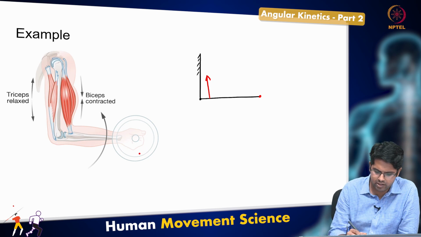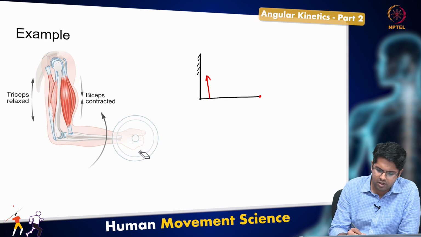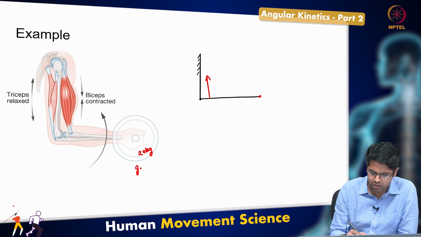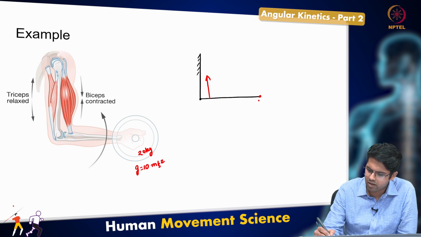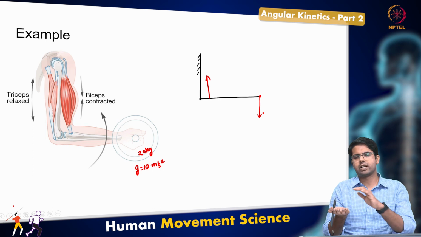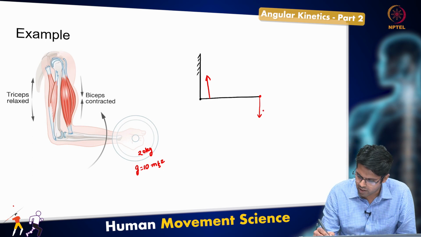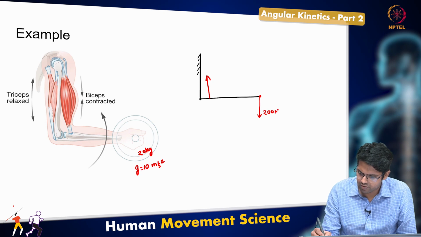Let's say this is 20 kgs. Assuming g equals 10 meters per second squared, that means the force acting at the end of this person's hand is about 200 newtons.